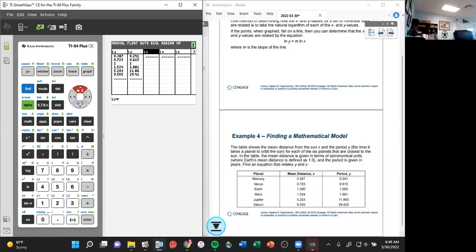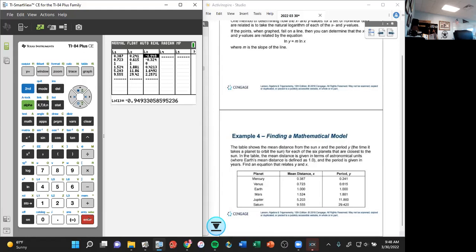Y'all with me? So now that I'm set at L3, I'm going to type natural log. What am I going to take the natural log of? L1. So second 1. You can close it if you want to, but you don't have to. I'll be lazy, press enter. Okay, that, folks, is the natural logs of all those. So I just took the natural log of the x's.